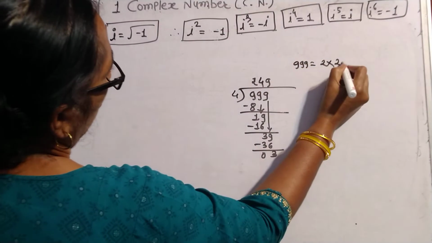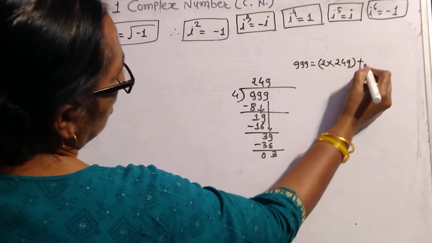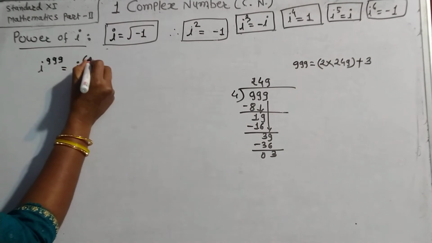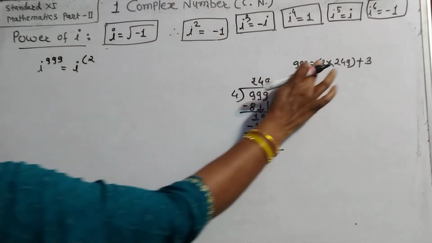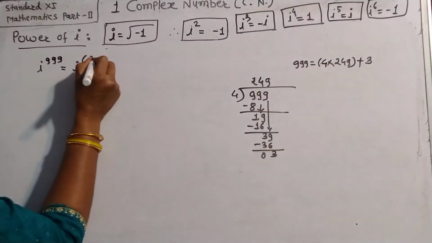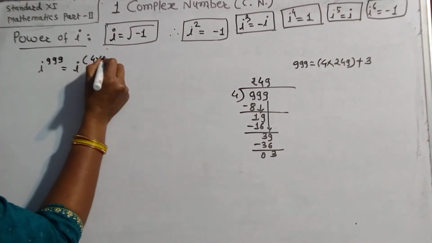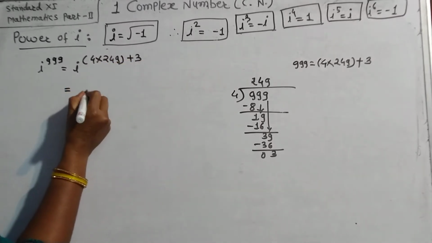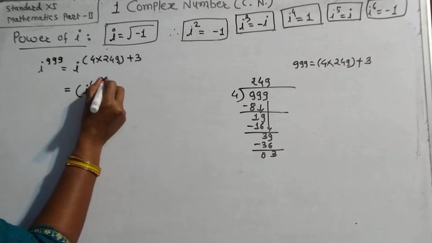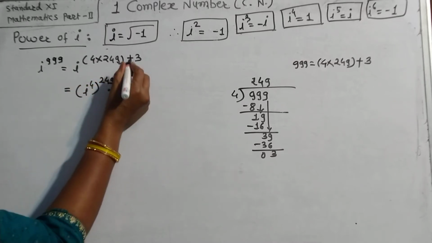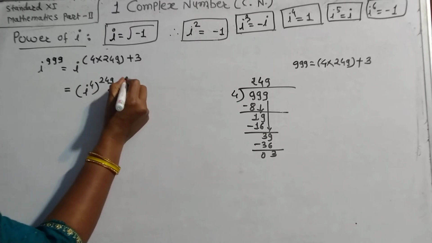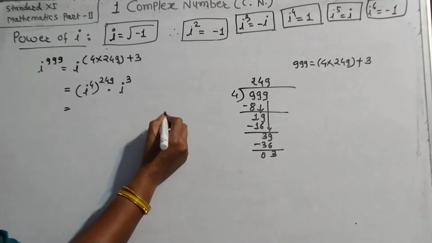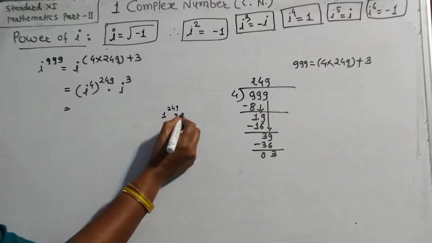2 into 249 plus the remainder 3. So how do we write this? I raised to 4 into 249 plus 3 means i raised to 4 raised to 249 into i raised to cube. But i raised to 4 is 1, so 1 raised to 249 means 1.